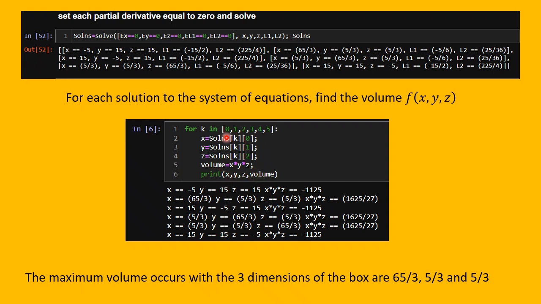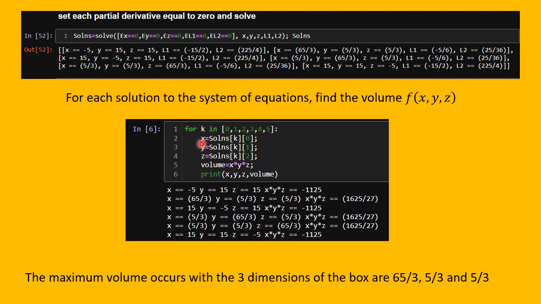So what is happening here? Well, solution sub 0 here is going to be this element right here. In SageMath, arrays start with index 0. And now to get the value of x, that's the 0th element in solution sub 0.